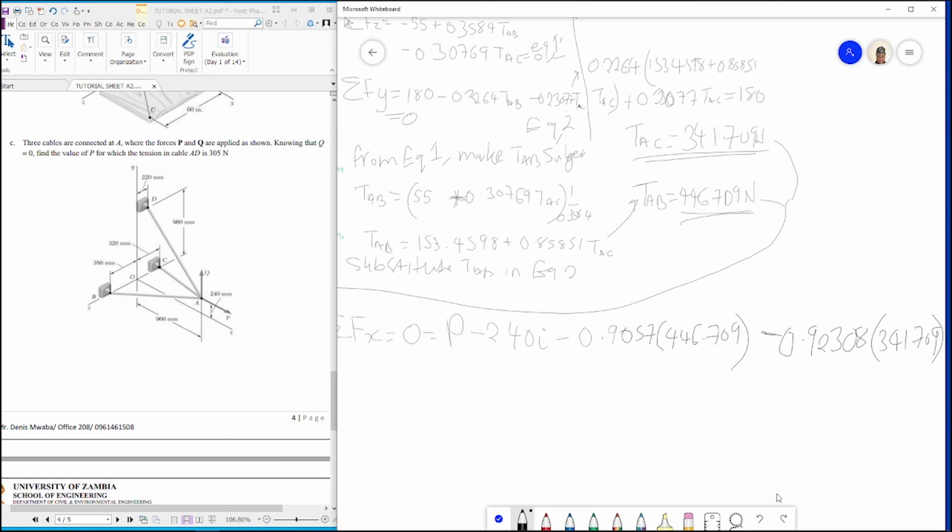Okay, this should give us 0. So the rest which remains is just punching in the calculator and you get your answer. I would recommend that we be a little bit more careful, especially in punching the calculators. But if you have really done well, your P should be equal to 960 newtons. Okay, so that's the answer.